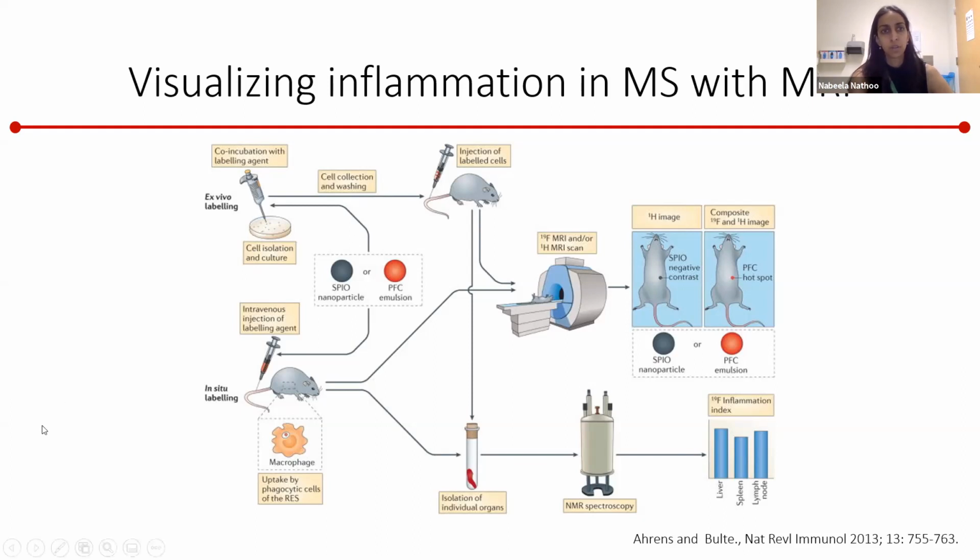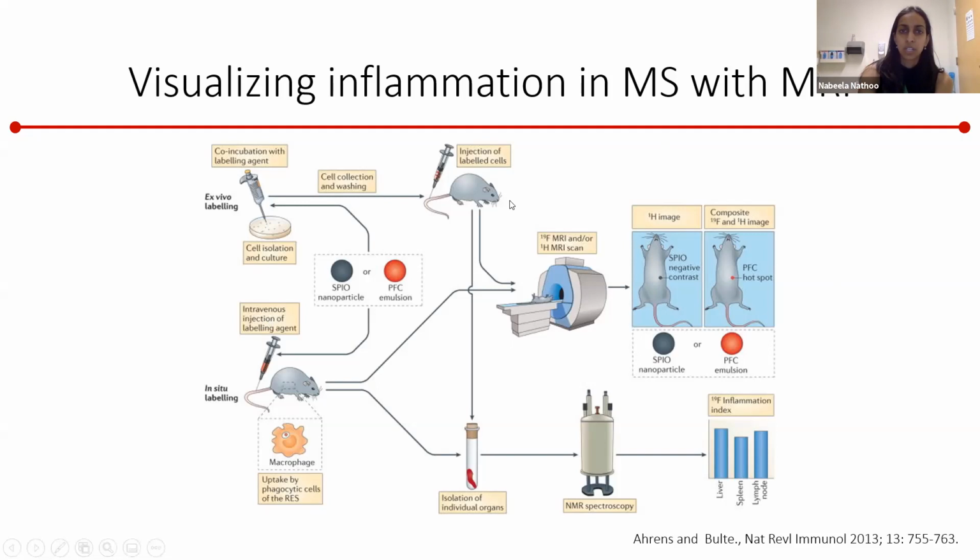The other way, though, is to actually label certain cell types that you're interested in with these iron contrast agents. You can take whatever cell you're interested in, and most often this has been done in labeling MBP or PLP T cells, and then creating your animal model of MS, which in this case has typically been EAE.